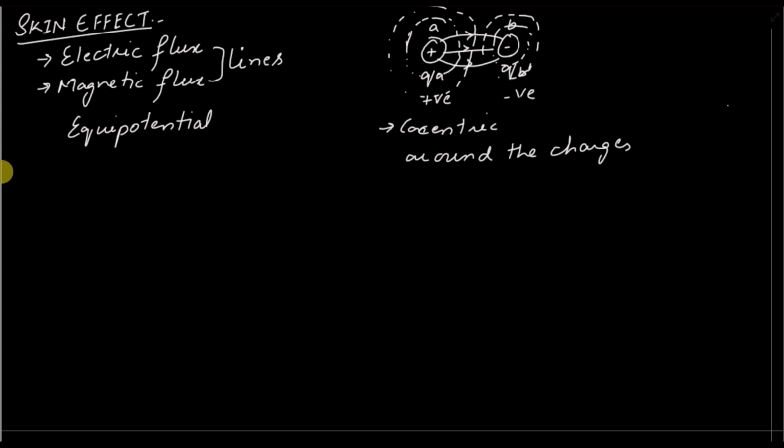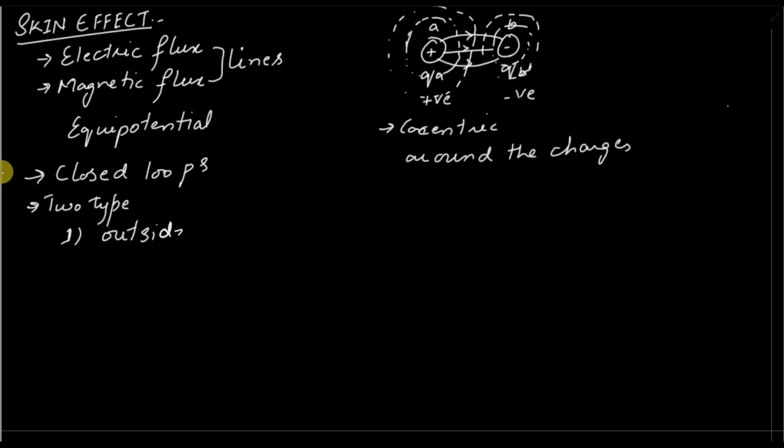They will be forming closed loops, and they will have two types. One is outside, as shown in the figure, where the magnetic flux lines are around the conductor or charge in concentric circles, and the other one is inside the conductor.